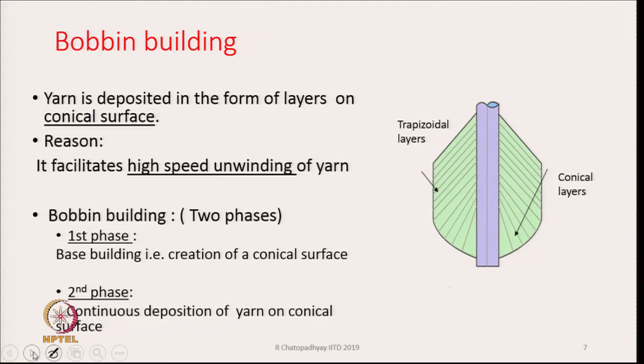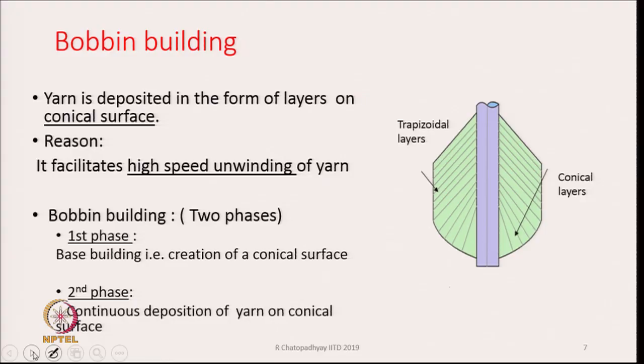First of all, what we see here is that the yarn is always deposited in the form of layers on a conical surface. So, first we try to quickly develop a conical surface on the bobbin.